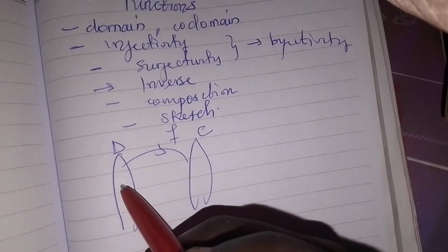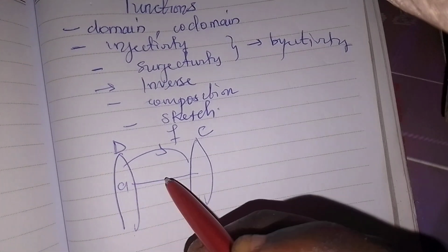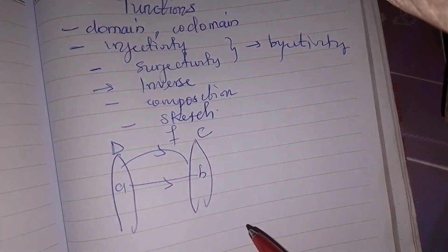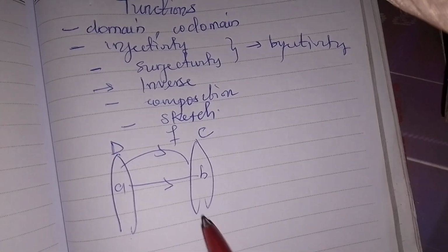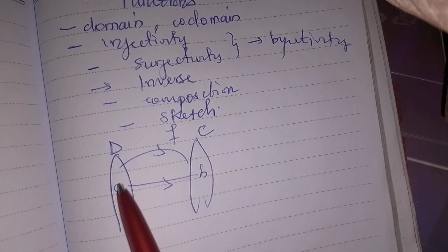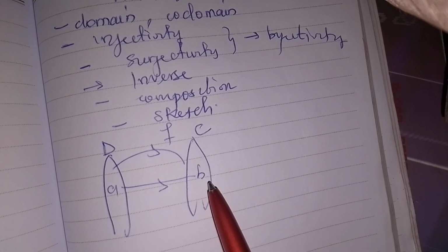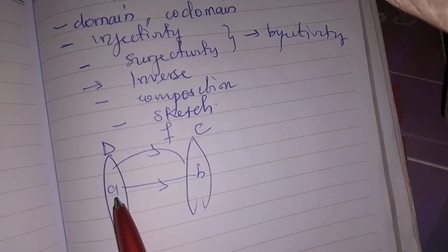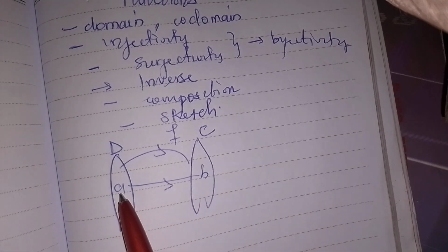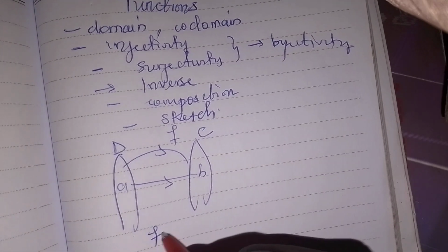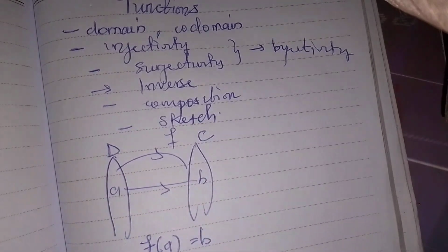This function is taking elements from the domain and associating them with elements of the codomain. The elements of the domain, we call the inputs, while the elements of the codomain, we call the images. Now B is the image of A, which means that if the function is eating A, it's going to produce B.